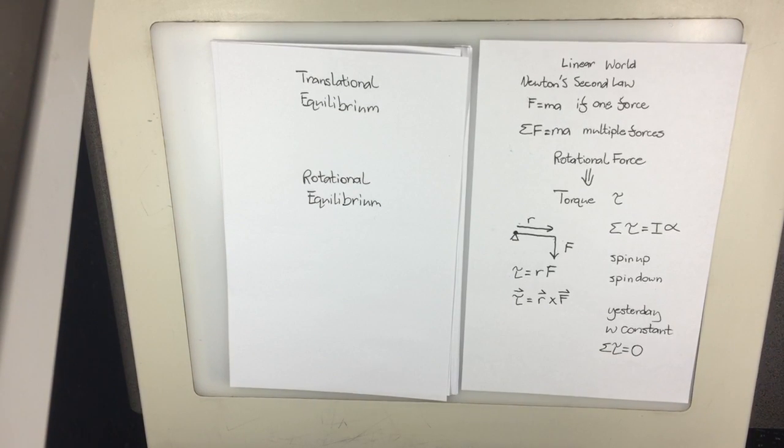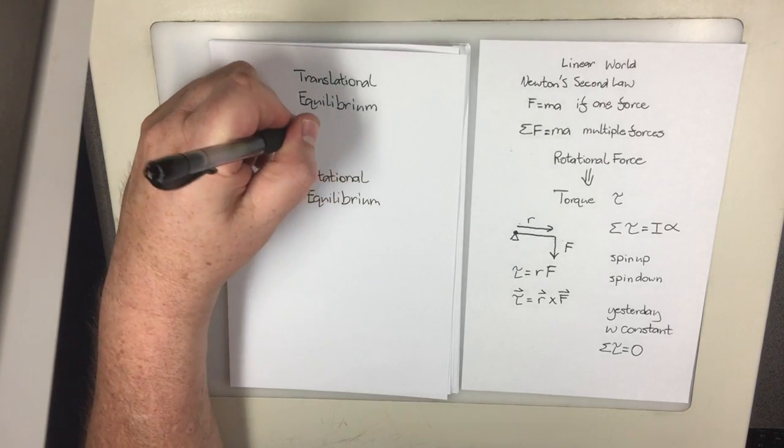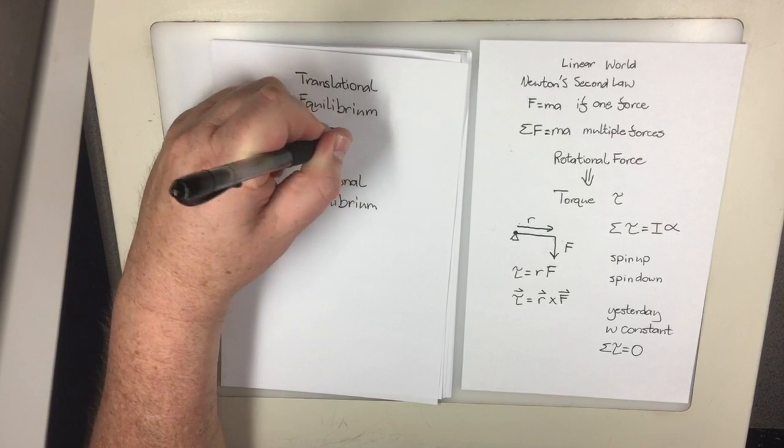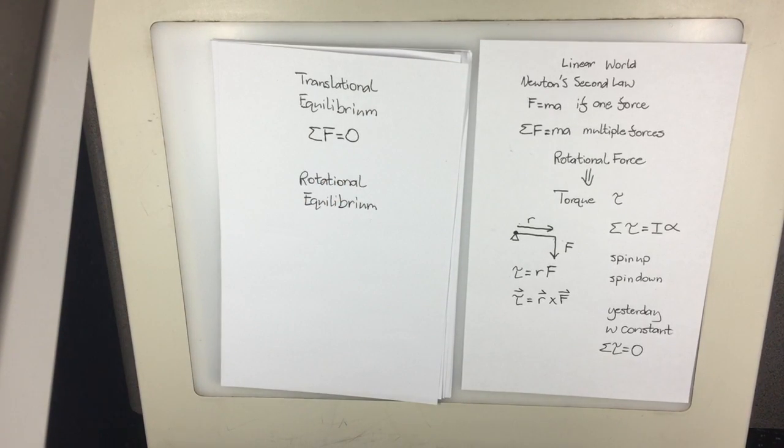If you see it doing nothing, I mean nothing, it is in translational equilibrium and in rotational equilibrium. And if it is in those types of equilibrium, you know for a fact, like we've said before, that the sum of the forces is equal to 0, much like in the derivation of what a normal force is.